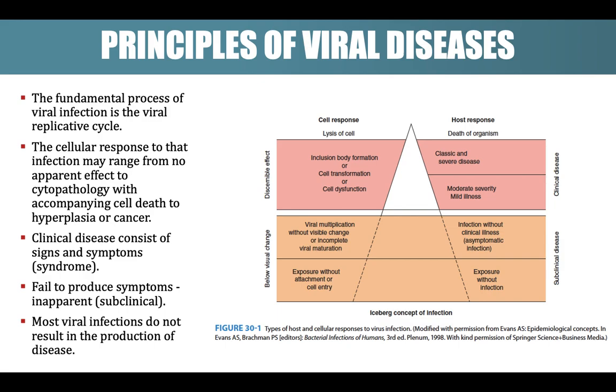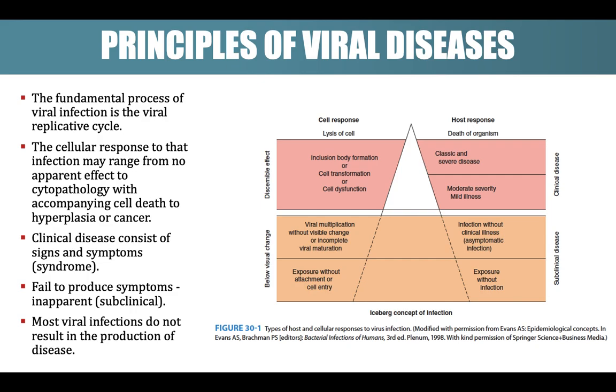The cellular response to the infection may range from no apparent effect, to cytopathology with accompanying cell death, to hyperplasia or cancer in the host. Viral disease is some harmful abnormality that results from viral infections of the host organism.